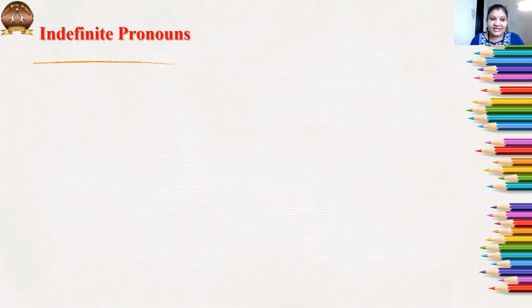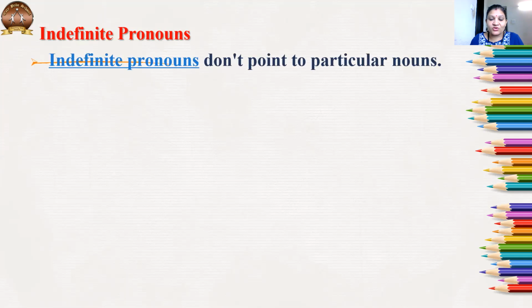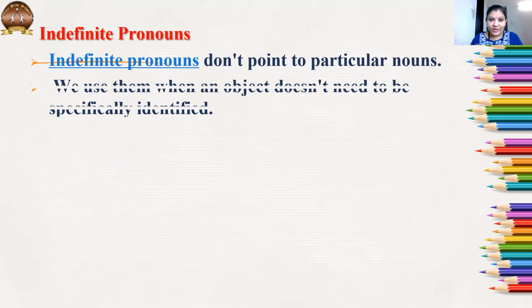Now we are going to study indefinite pronouns. Indefinite pronouns don't point to particular nouns. Just the exact opposite of distributive, indefinite. We are not going to point. We are going to be ambiguous. We use them when an object doesn't need to be specifically identified.